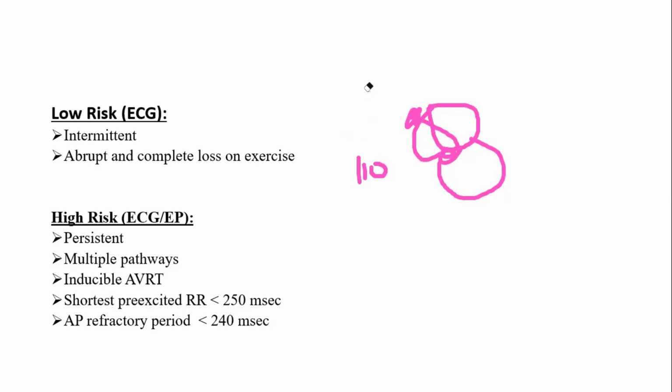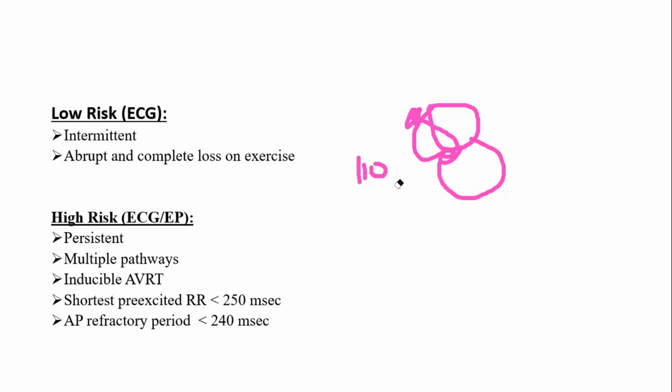At 80 it was conducting. At 110 it suddenly stopped conducting. So if the patient develops a tachycardia in the future, AFib, atrial tachycardia, anything, this pathway doesn't have the property to conduct faster than 110. So how will it sustain tachycardia?